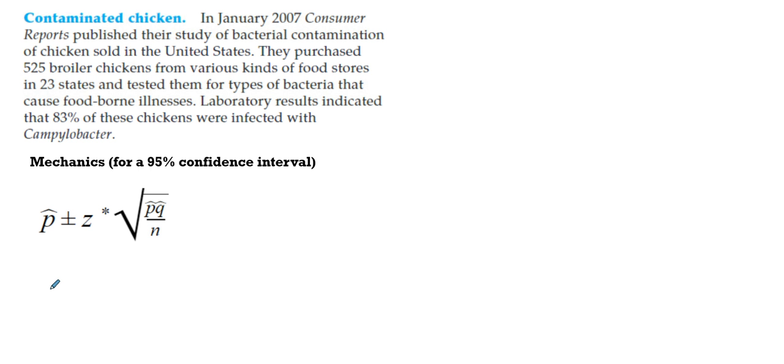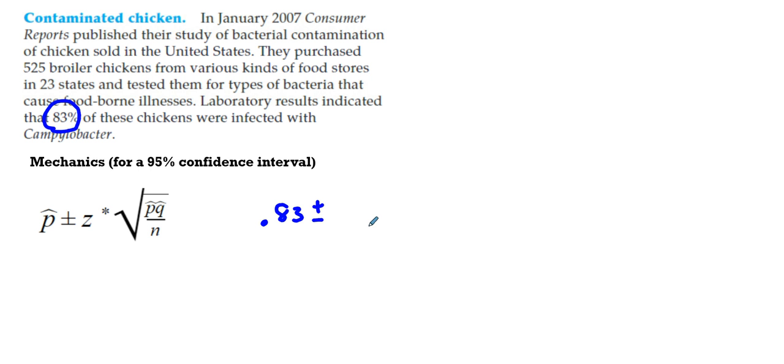That always wound up being in the middle. Well, now all we have is our sample. So our p hat in this case is our given. This is what we got. Our sample proportion: when we did our sample of 525, 83% were infected. Hope you're not watching this around dinner time.